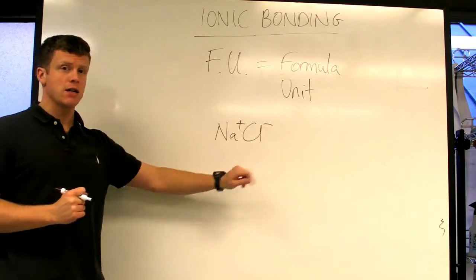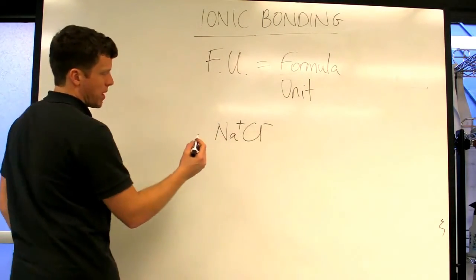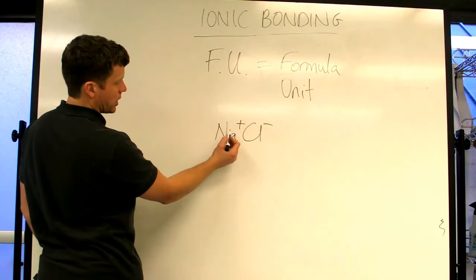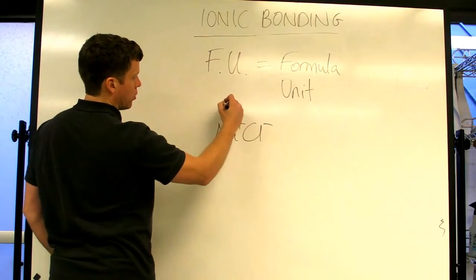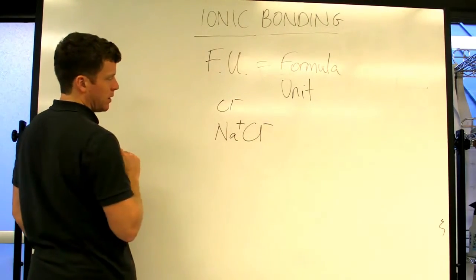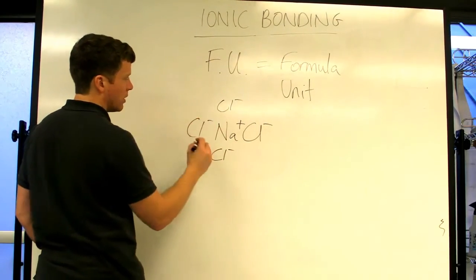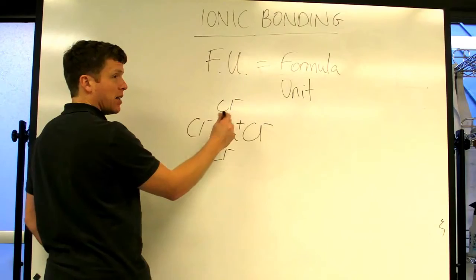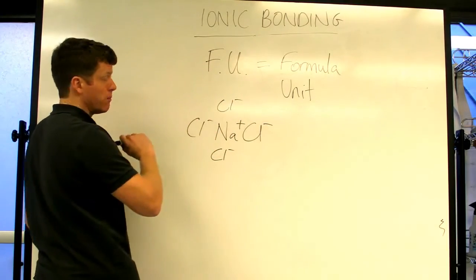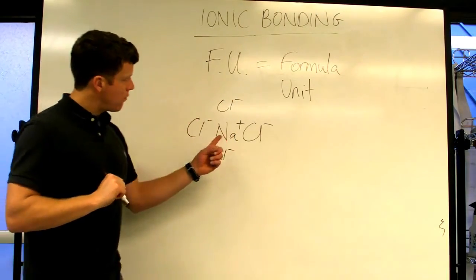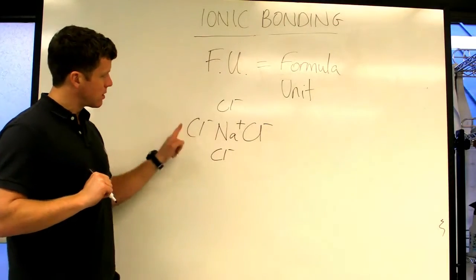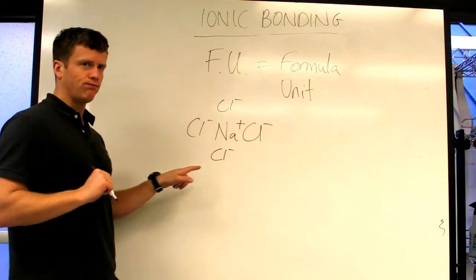Sodium and chloride ions. And so because of that, you can attract a chlorine up here, a chlorine down here, a chlorine over here, a chlorine behind the sodium, and then a chlorine in front. So around every sodium you can get 6 chloride ions.